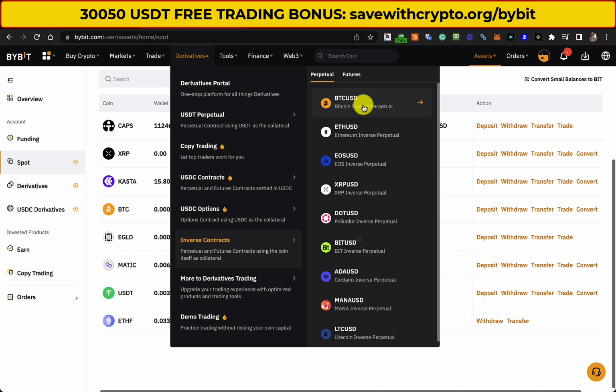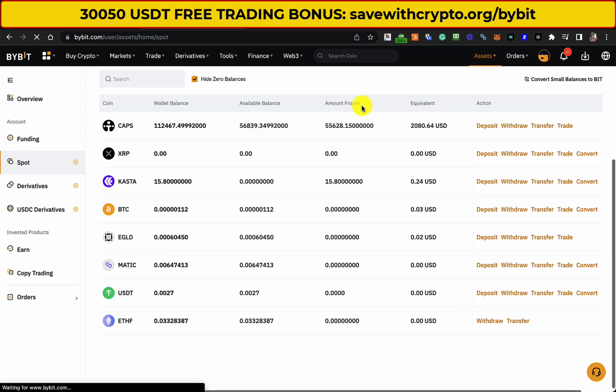If I do that on 10x leverage and the price of Bitcoin goes up 10%, that means that my amount of BTC, amount of contracts in the trade has gone up by 100%. So in fact, that doubles your money. So a 10% increase on 10x leverage gives a 100% increase, therefore doubles your money. And if I came out of that trade, that would mean that I'd be holding 2 Bitcoin.